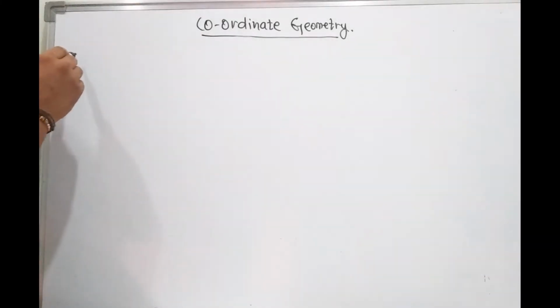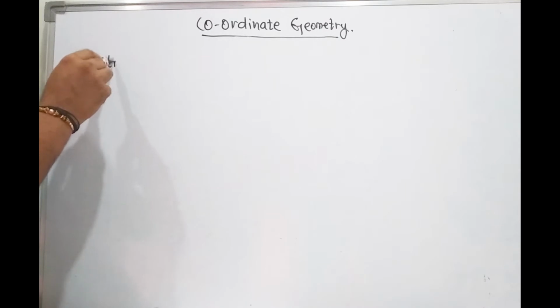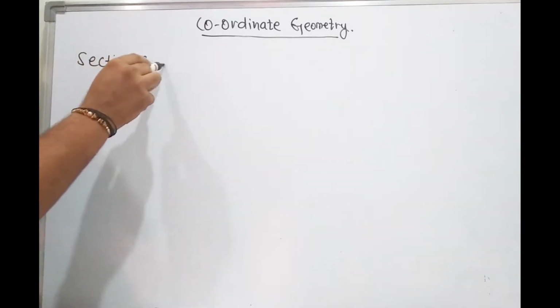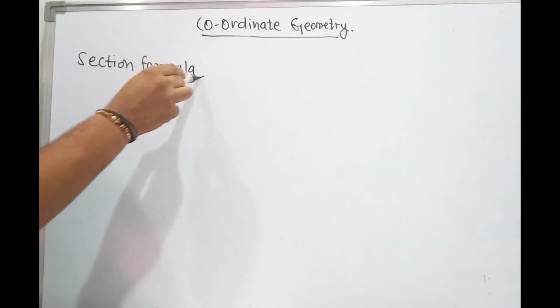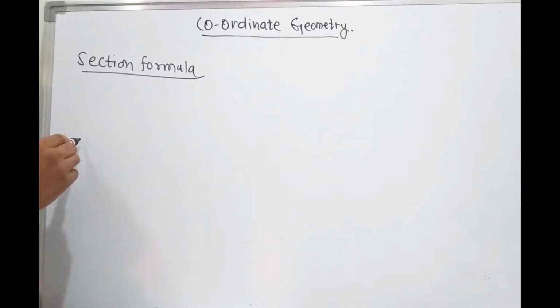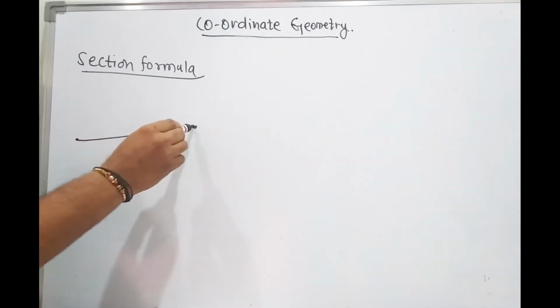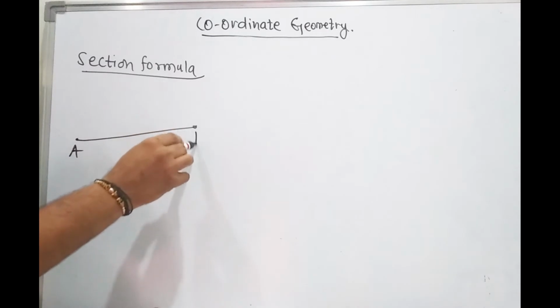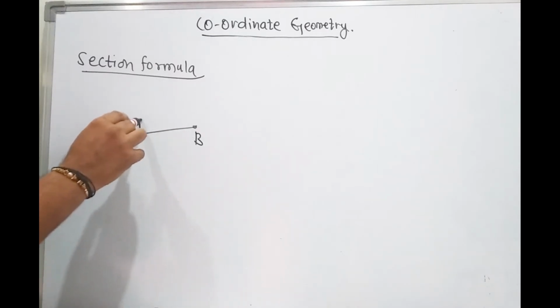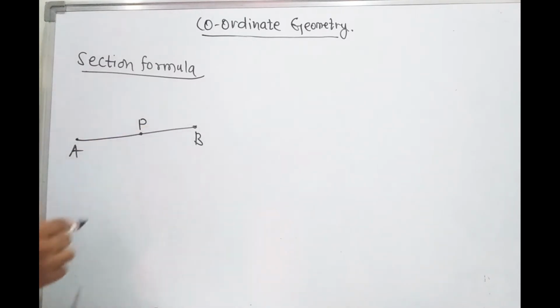So friends, now let us move to the second one, that is section formula. Now this formula will enable us to determine the ratio in which a particular point on the segment divides.